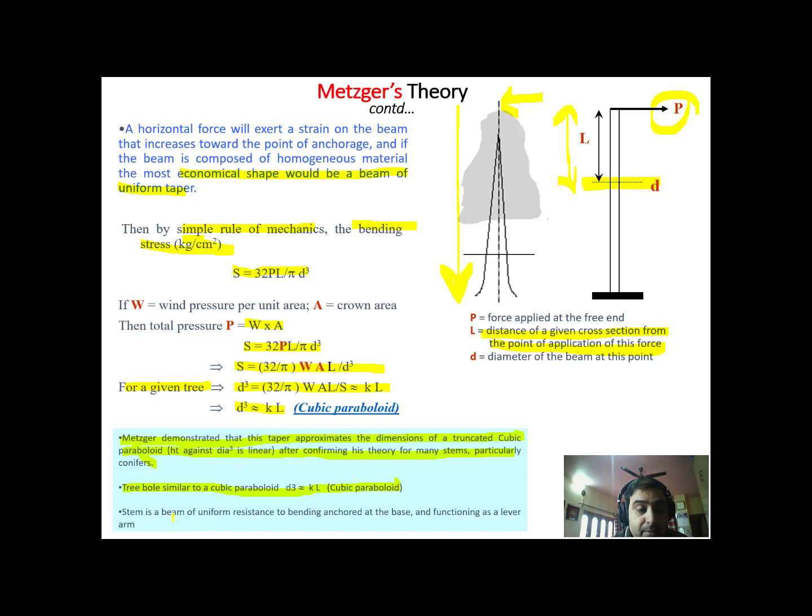The stem is a beam of uniform resistance to bending, anchored at the base and functioning as a lever arm, which counters the effect of wind by reinforcing itself towards the base, accumulating more biomass at the base and tapering towards the top.